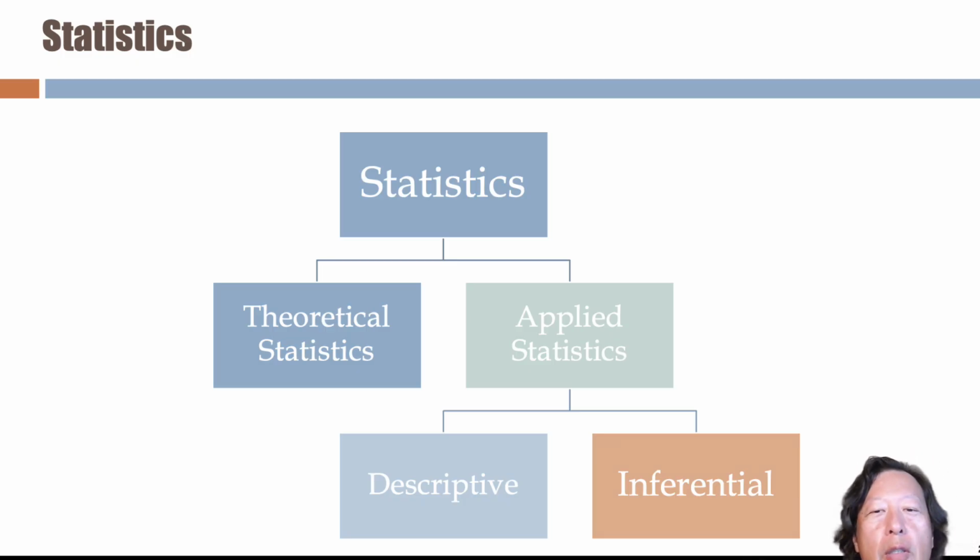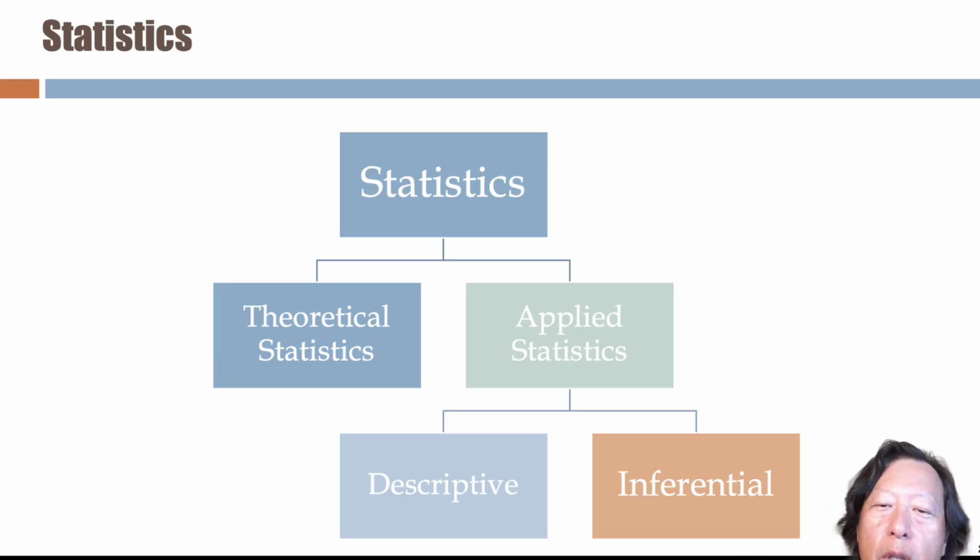Statistics is divided into two big branches: theoretical statistics and applied statistics. And applied statistics can also be divided into two. One is descriptive statistics, and the other is inferential statistics.